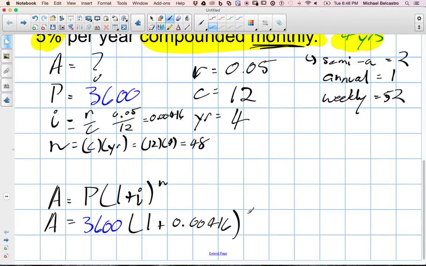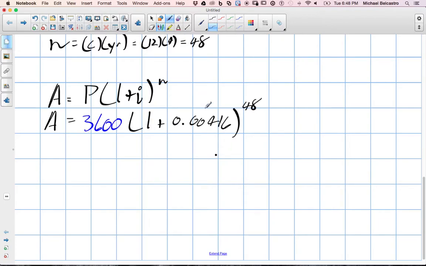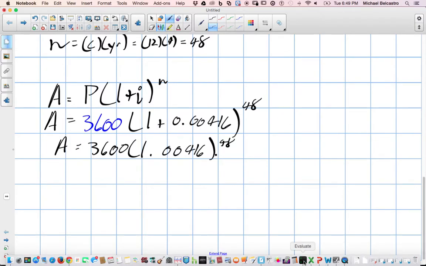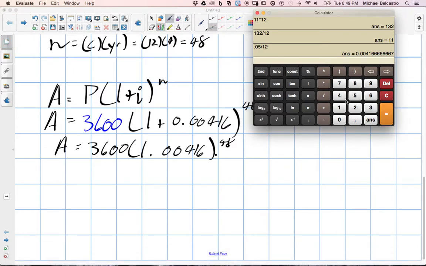And then our end value was 48. A lot of times you can usually skip this step because your interest rate very quickly turns into 1 and then whatever that thing is there. Then 48 times our 3,600, and this is something you can probably plug directly into a calculator and get the rest. So let's try doing that.